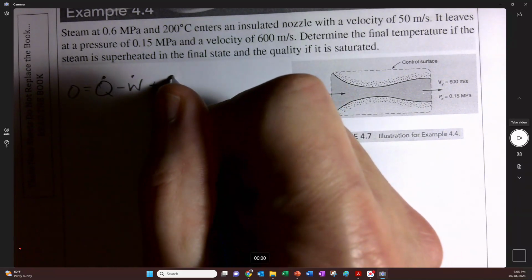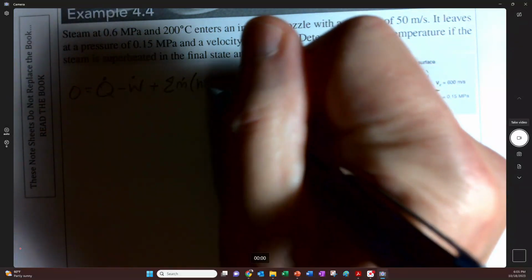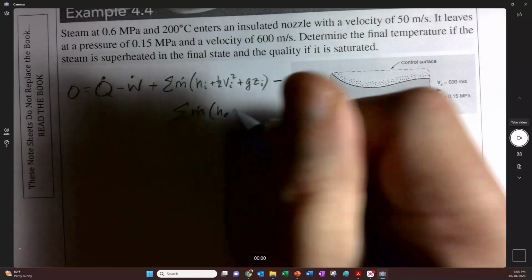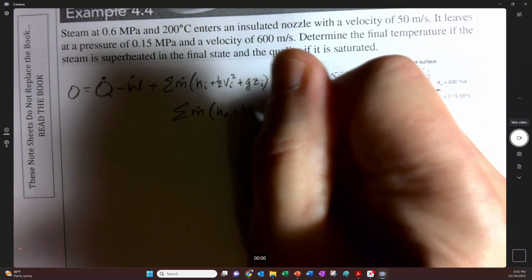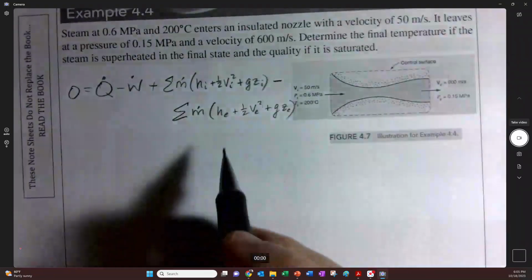We're going to have the summation of m dot times h in plus 1/2 v in squared, plus g z in, minus the summation of m dot times h exit plus 1/2 v exit squared plus g z exit. So that's the equation we're dealing with.